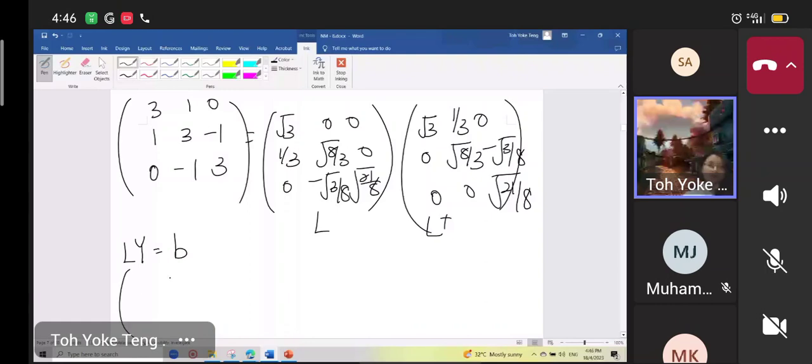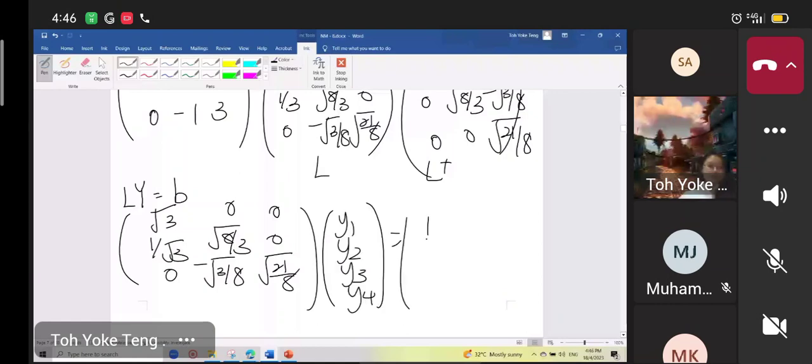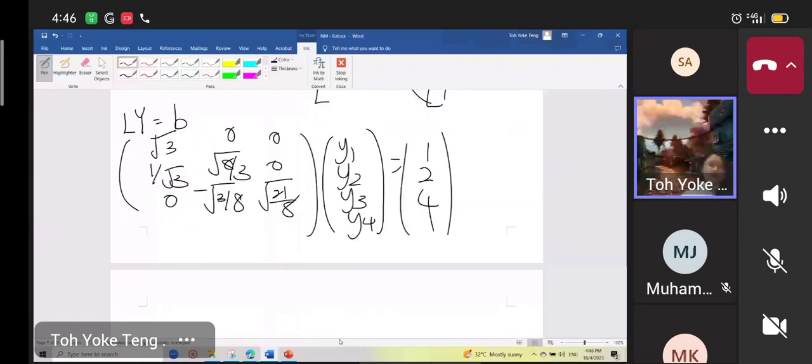So for this part, just the same thing. So B from the right hand side. So again, it's the same thing. You may write it down in equations and then just proceed to do the forward substitutions.